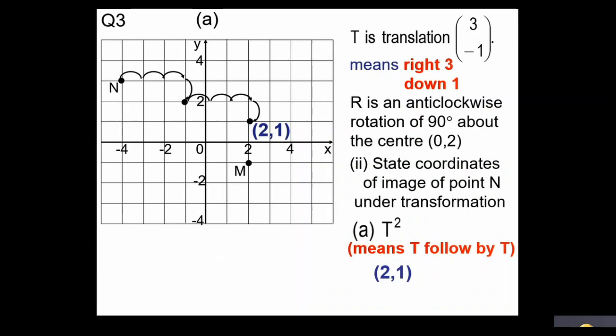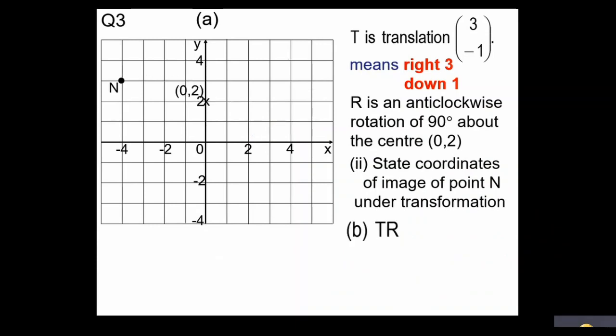Then let's see, is there another part? Yeah, part B, TR. Do the R one first. So what's R? Anti-clockwise rotation about the center. Again, we have the same center, but now this is for point N. Just now we did it for point M, remember? Anti-clockwise, so you calculate 1, 2, 3, 4, 1.